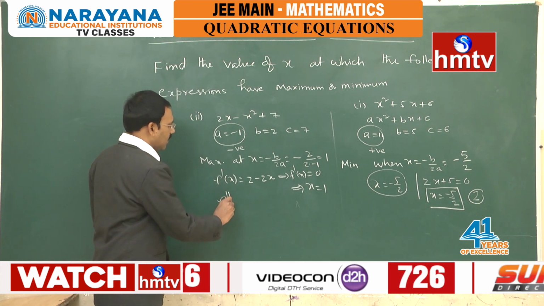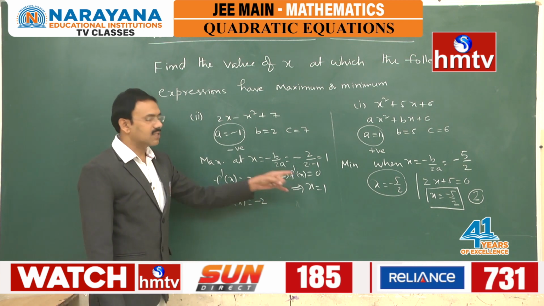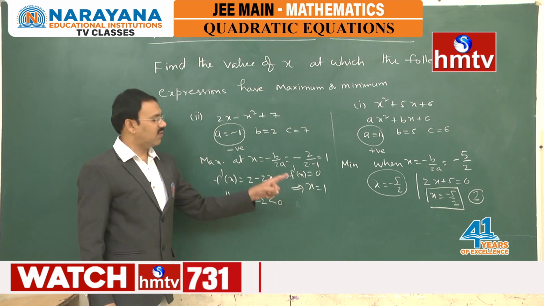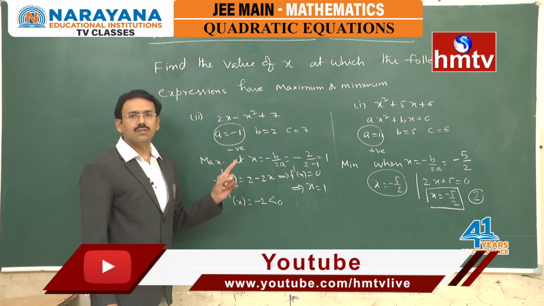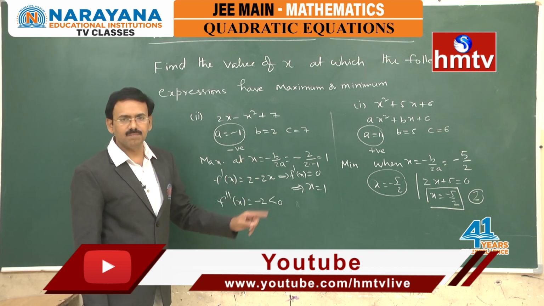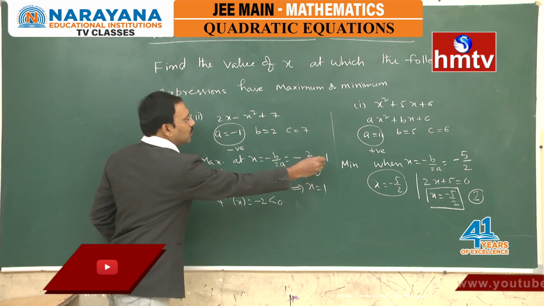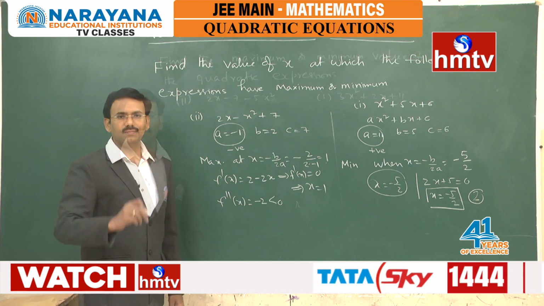Moreover, the second derivative is going to be minus 2. Even at x is equal to 1, it is negative. So, at x is equal to 1, the first derivative is 0 and the second derivative is negative. So, it will have local maximum, and hence the answer for this question is when x is equal to 1, it is going to have local maximum.